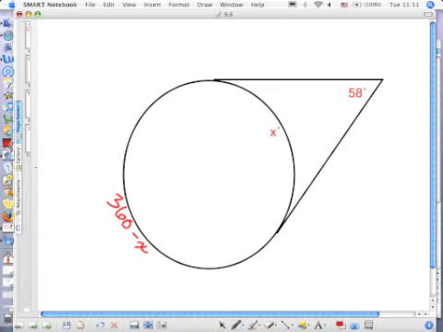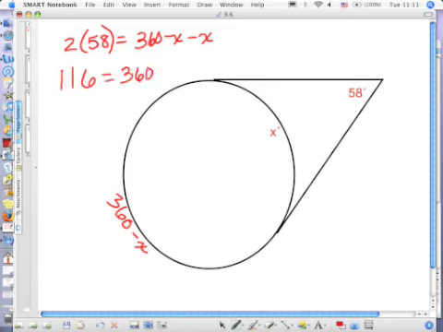If I double my angle, 58 times 2, that's equal to the difference between 360 minus x, minus x. So 2 times 58 is 116, and this is 360 minus 2x.